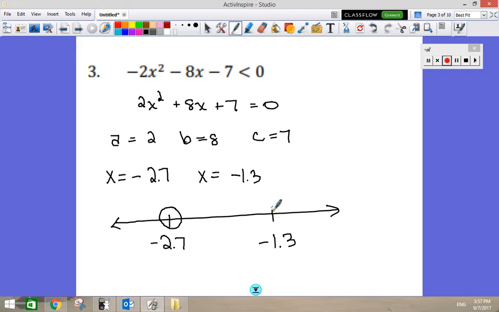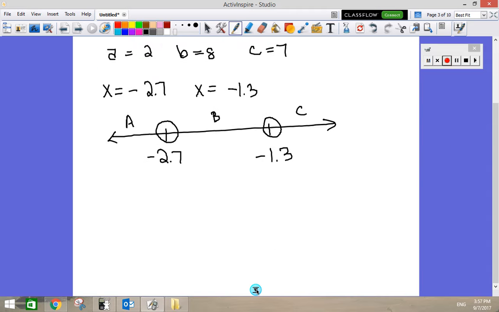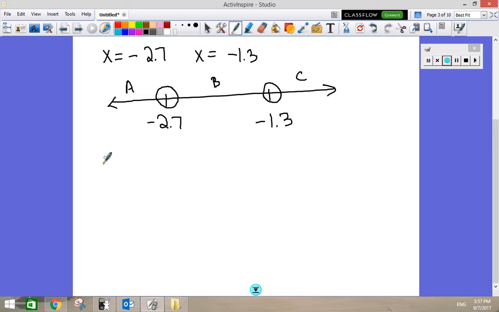We need to make a decision whether to have our critical points be included or excluded from our solution set. We determine that by looking at the original inequality. Since it is less than, it doesn't have the equal to portion, we leave these hollow. And these two critical points divide my number line into 3 regions. So let's label these regions A, B, and C. So now I'm going to proceed in a table.